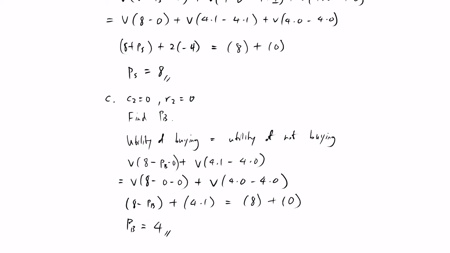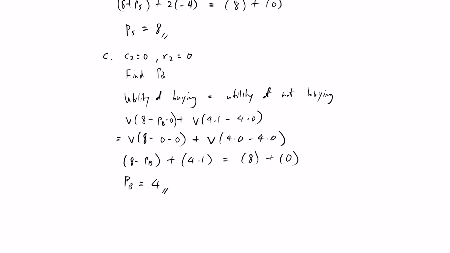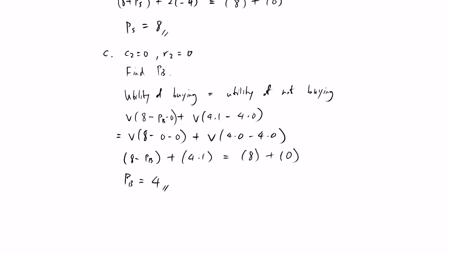People appear attached to what they have. So P_S is bigger than P_B, and this is the endowment effect. People are attached to what they have, so they want a higher price.